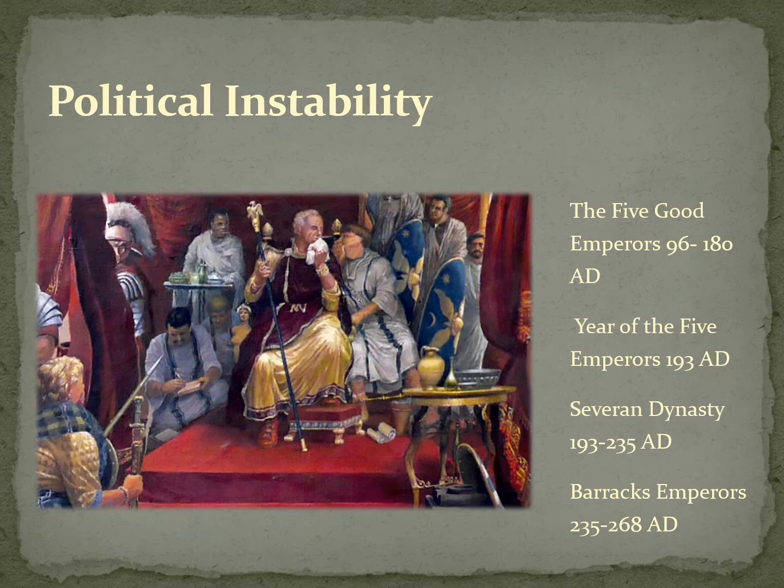Most of them had very little connection to Rome. Many of them had grown up in the provinces as soldiers. Many of them were from the lower orders of society, and their only claim to fame was they had risen through the ranks, and they were powerful military men.